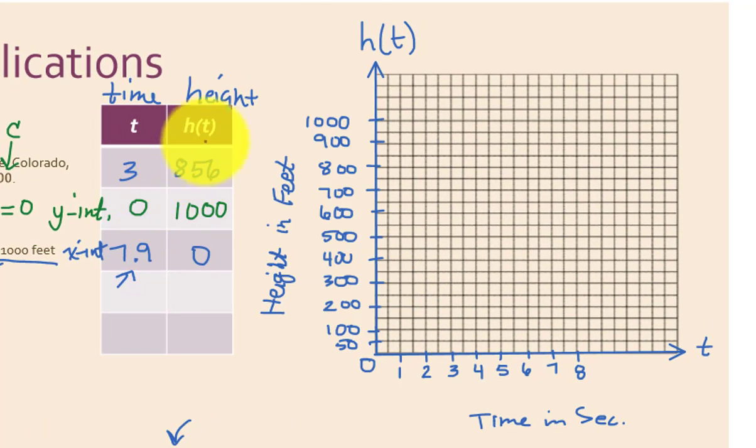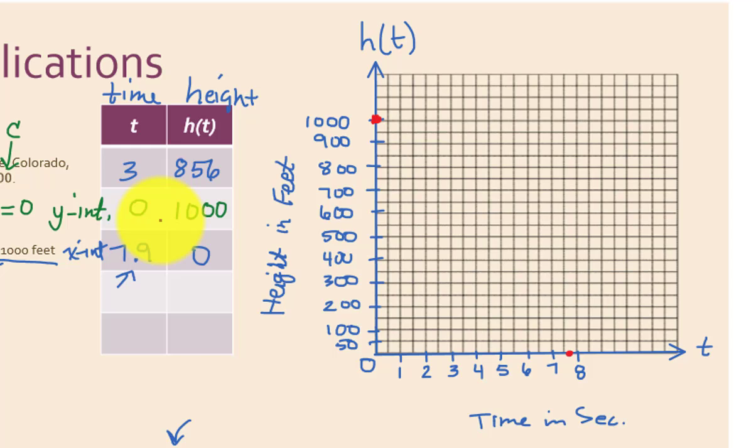Now we're ready to plot our ordered pairs. I'm going to start with the intercepts. Those would be the quickest. 0, 1,000 is the y-intercept. And then 7.9 is our x-intercept. So 7.9 is almost to 8 seconds. Now if that's all we plot, that's going to be a straight line.